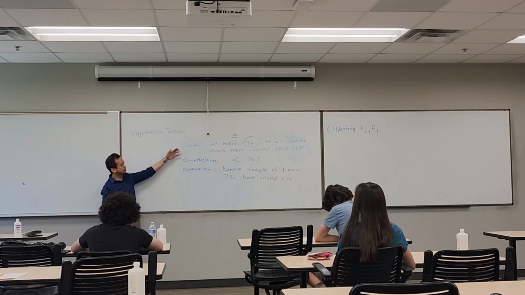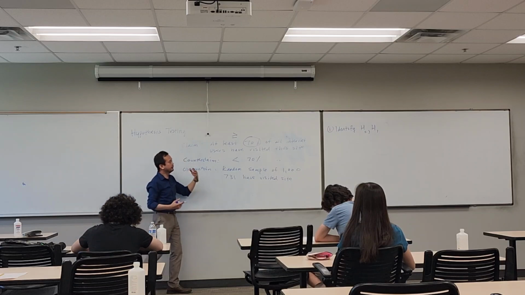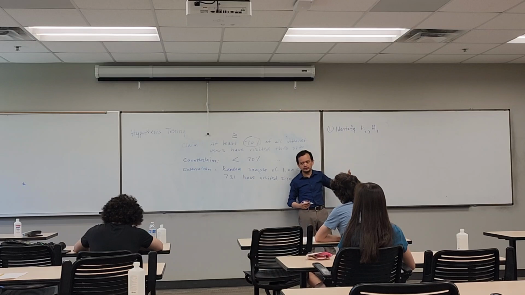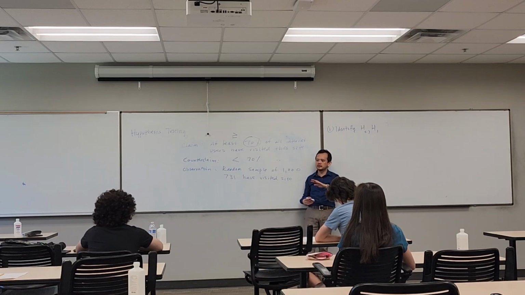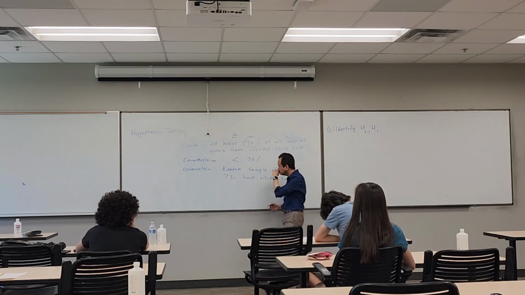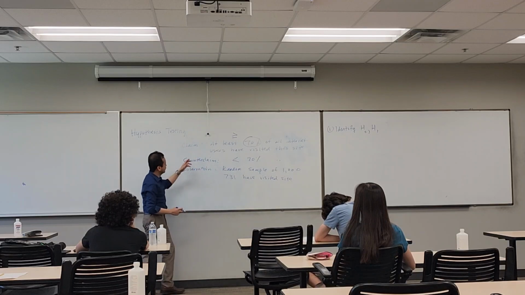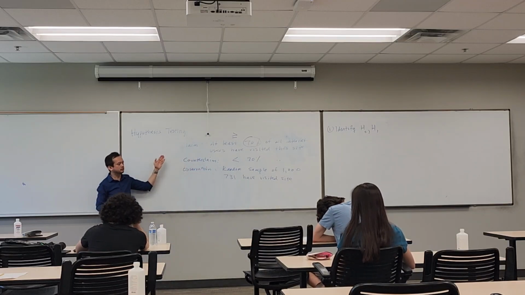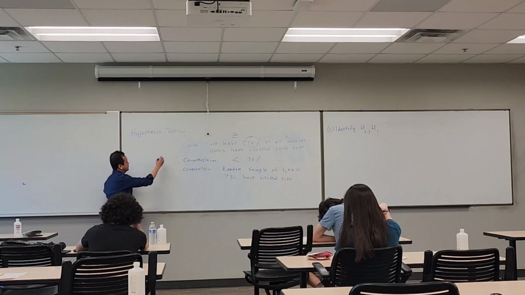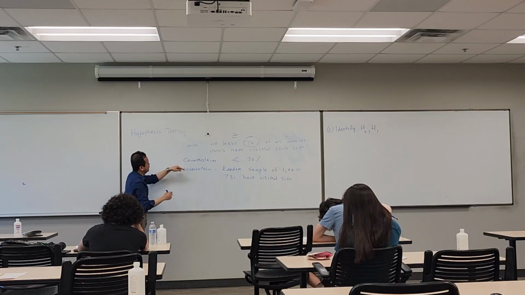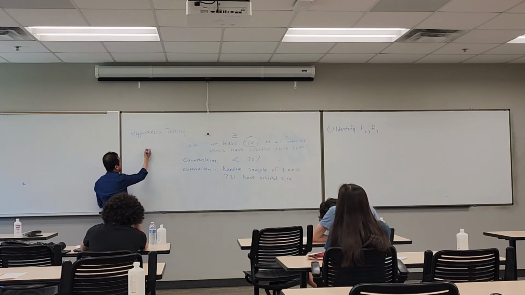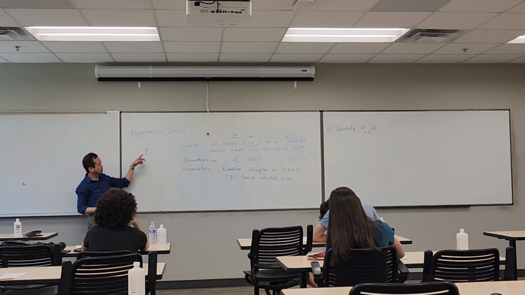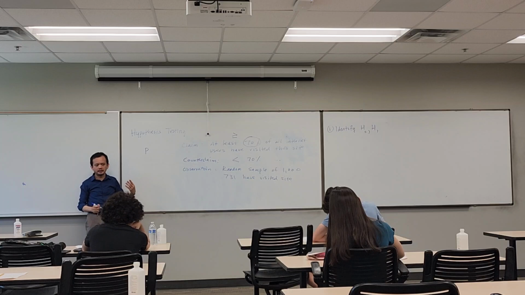Okay, so now that we have the two statements, the claim and the counterclaim, one of them will be H0, the null hypothesis, and the other one will automatically be H1, the alternative hypothesis. So now we just have to identify which is which. In order to do that, we're going to convert each of these English statements into mathematical language. For the claim, we're going to use the symbol P, which in the past we've said represents the proportion of success in the population.